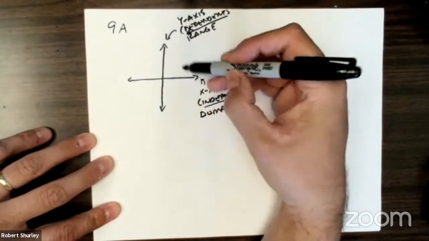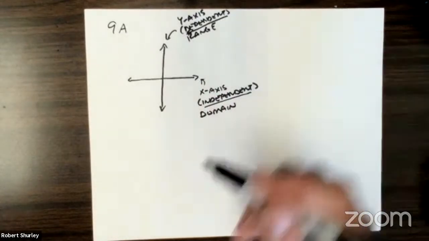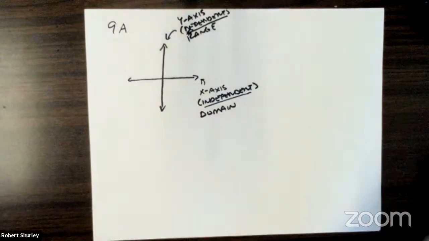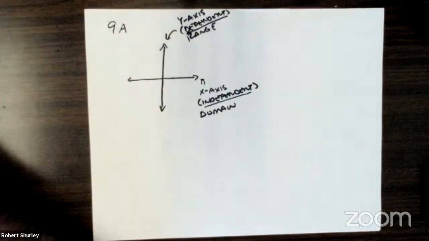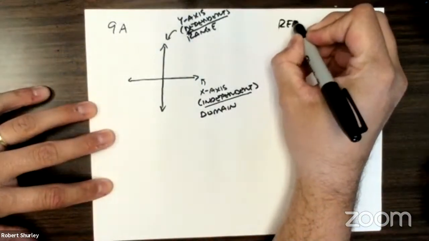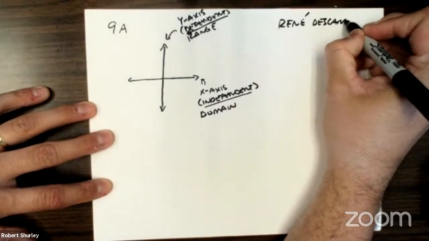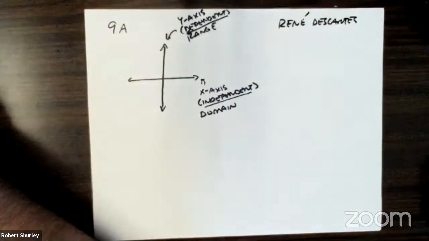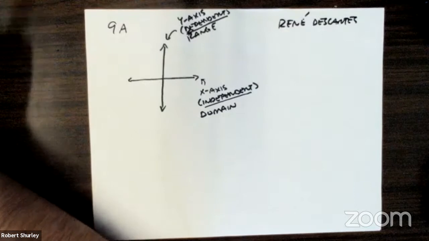Now, these axes were notationally developed. They've been around for a long time, but they were notationally developed by a French philosopher named René Descartes. And you've probably heard about René. You definitely heard one of his most famous sayings, which is now in a Billie Eilish song.